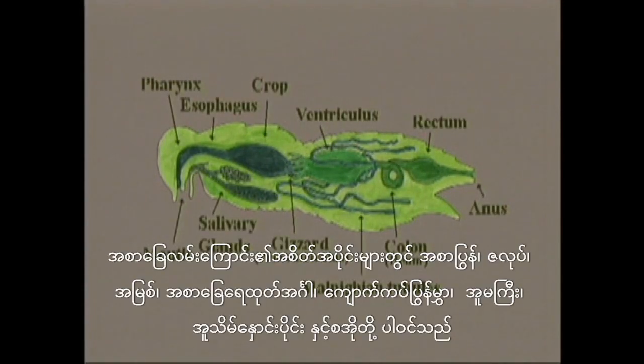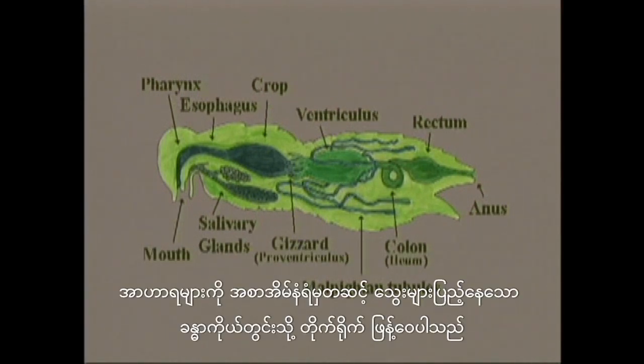The parts of the digestive tract include the pharynx, esophagus, crop, gizzard, ventriculus, Malpighian tubules, colon, rectum, and anus.